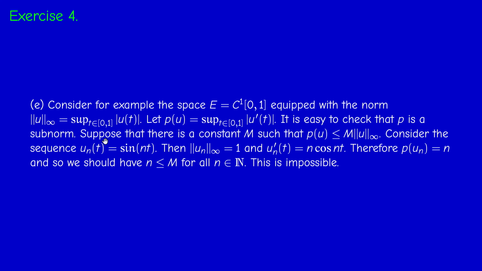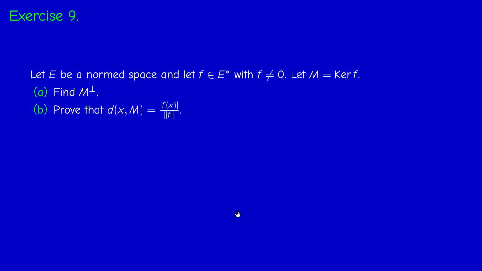However, the derivative of u_n is n cosine nt. Therefore, the supremum of the absolute value of u_n prime is n, because the maximum of cosine is 1 as well. So P of u_n equals n. So P of u_n is unbounded, whereas the norm is bounded. This is a contradiction. Therefore, P is not continuous. So this concludes exercise 4.